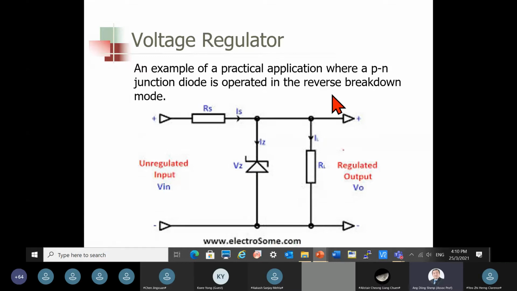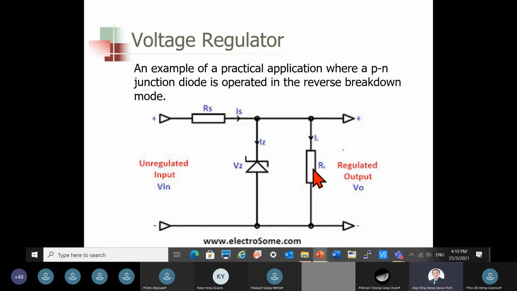There is a diode called the Zener diode, which is specially designed to work under reverse breakdown. One very important application where the Zener diode is operated in reverse breakdown is found in the voltage regulator. The circuit diagram is shown here.